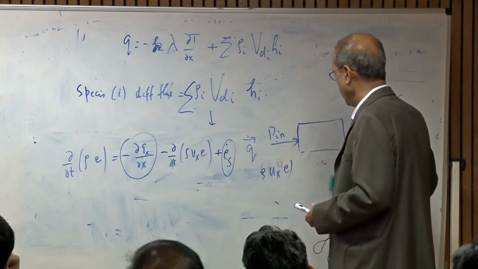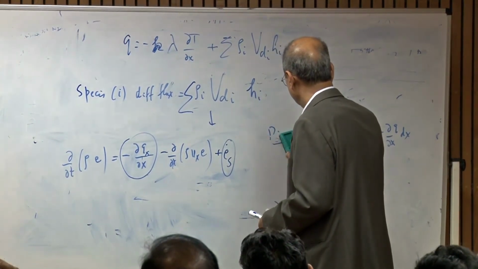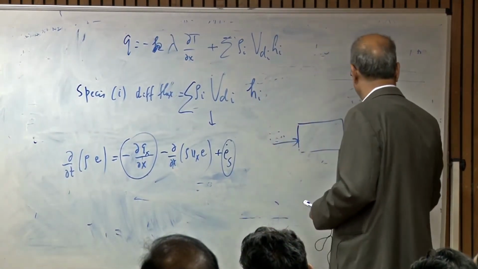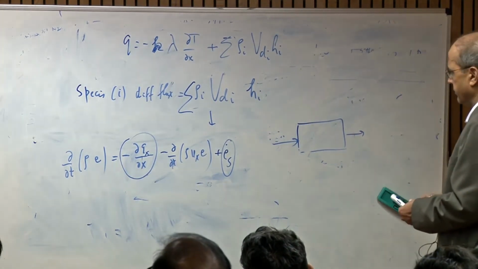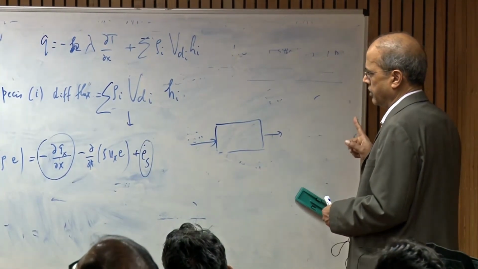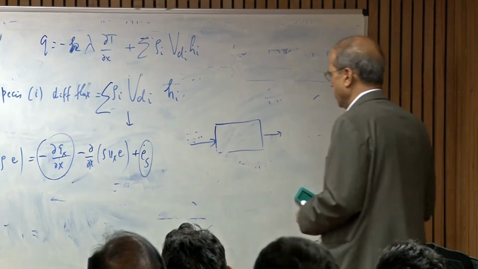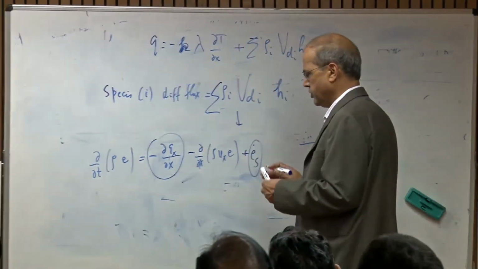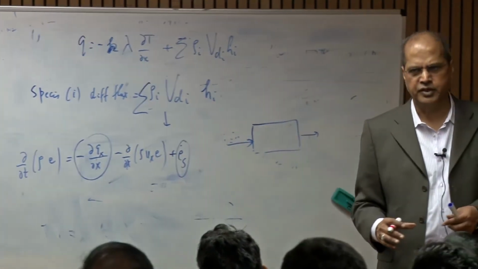For the source term we consider the work done by the forces. We'll just consider the work done by pressure, and then we'll take a break. How do you write the equation for the rate of work done?